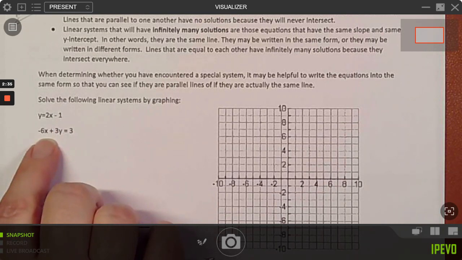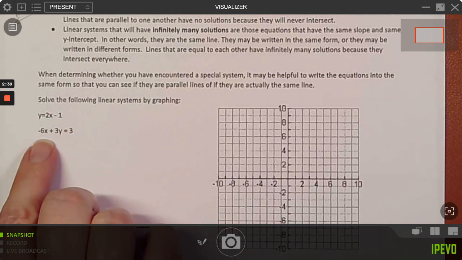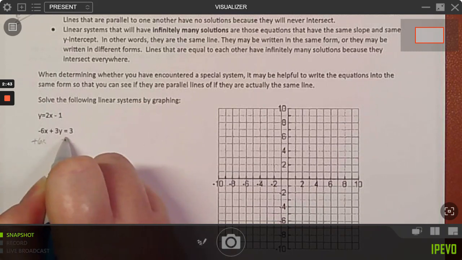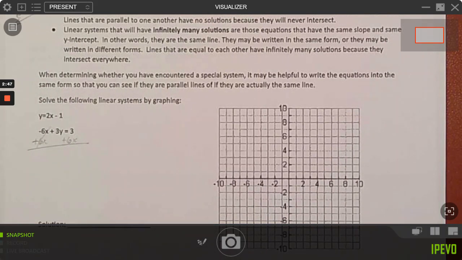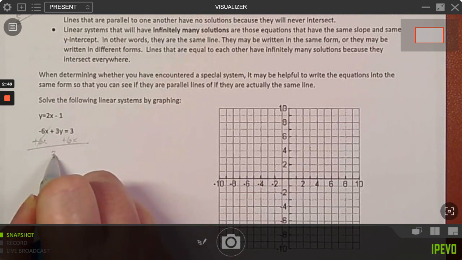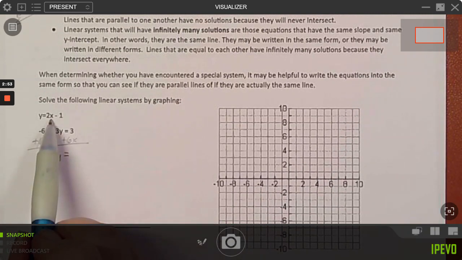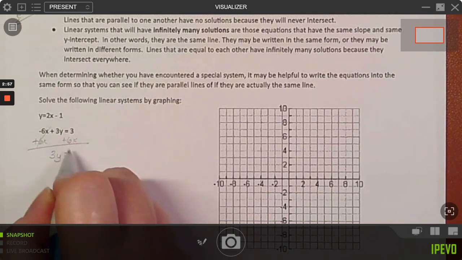Let's put this top equation is already in slope-intercept form. So let's go ahead and put the bottom equation into slope-intercept form. We'll add 6x to each side, negative 6x plus 6x, that cancels out. So we get 3y equals, and then we know we're working toward getting it in slope-intercept form, so we'll go ahead and put our 6x first and then the 3.